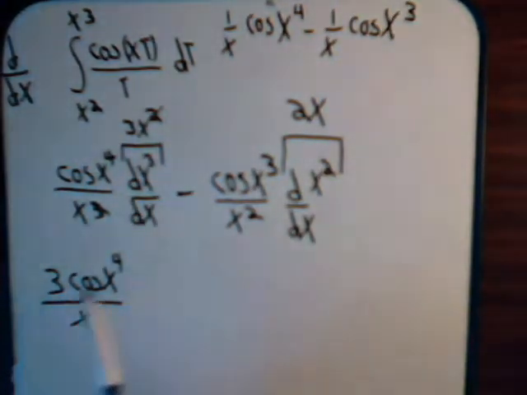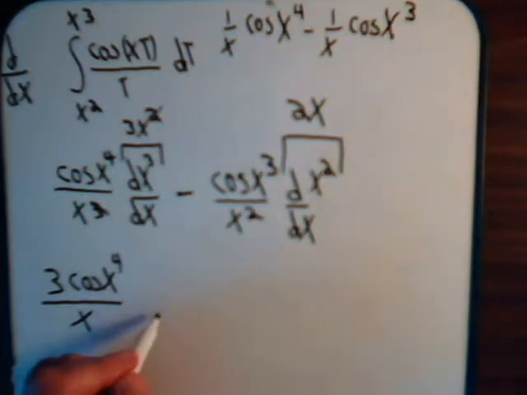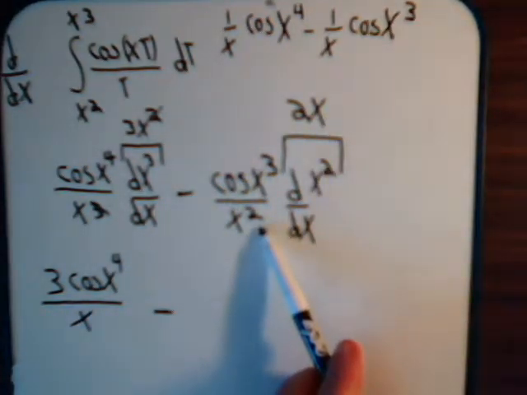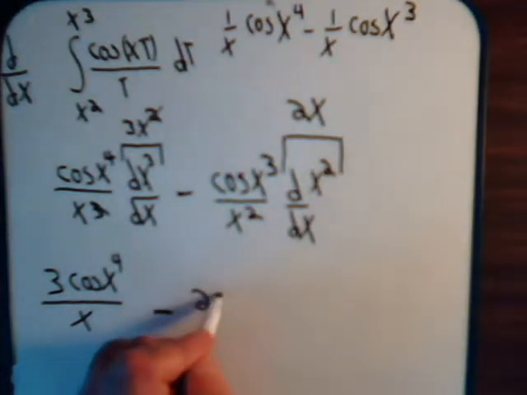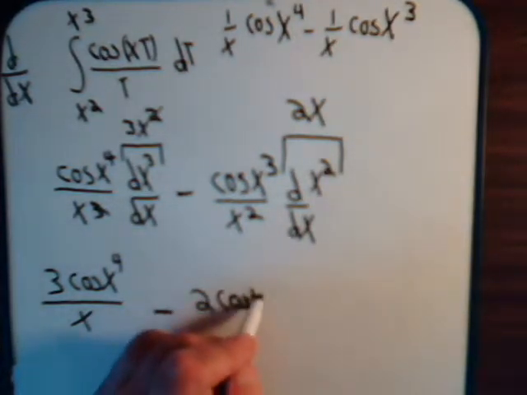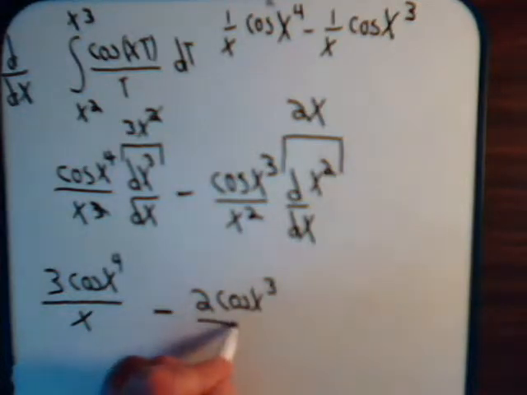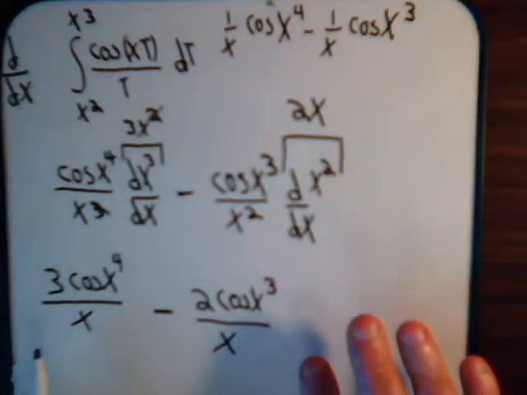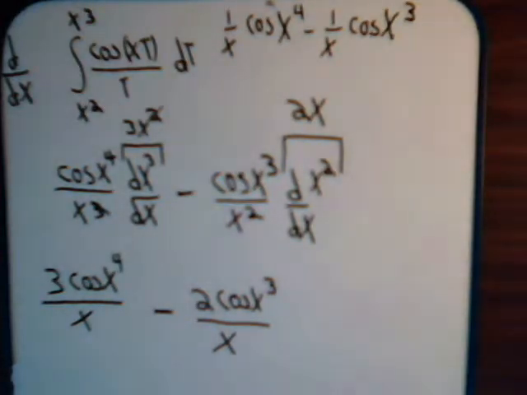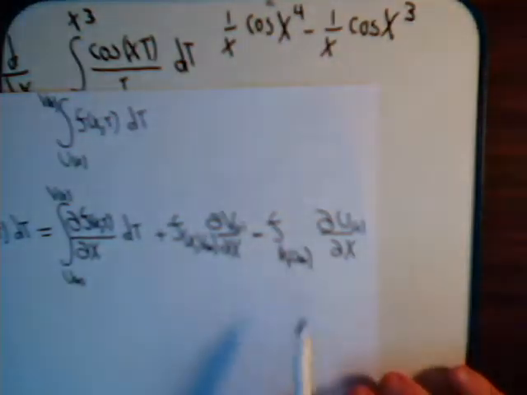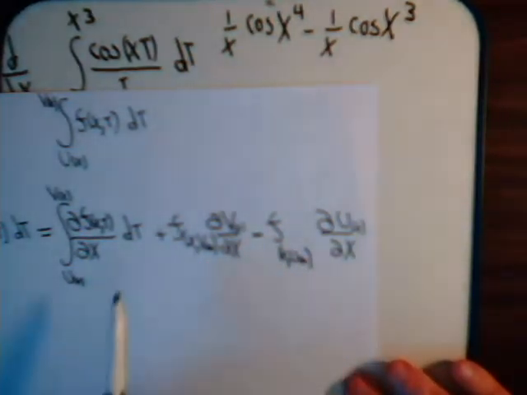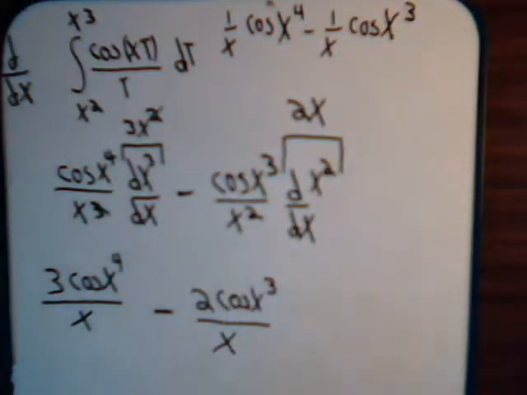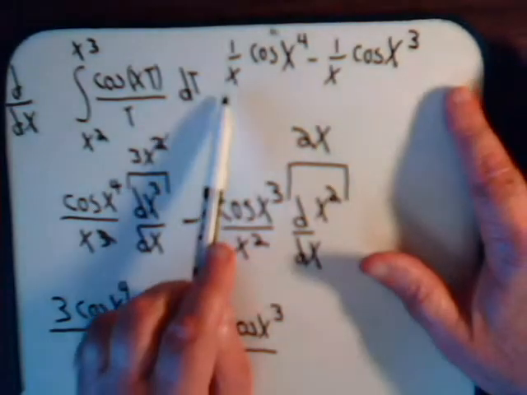We have 3 times cosine x to the fourth minus, now here we have x divided by x squared, so we'll have 2 cosine x cubed divided by x. So these two terms we obtained from these two terms, and then from this expression we had these terms up here.